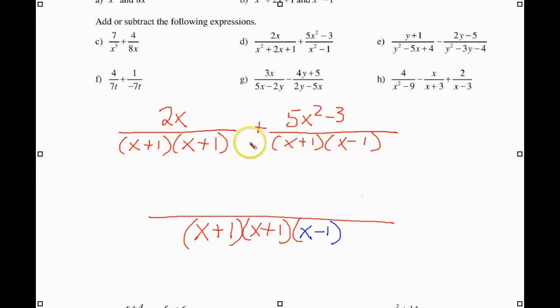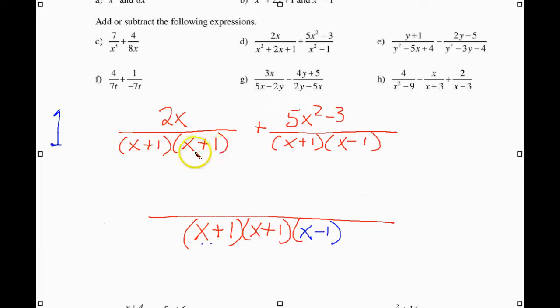So we figured out that this was used twice in any common factorization, so we needed two of those. Here it's only used once, so we used it twice. This one's used once, so we needed that. So this is our common denominator. Now, what do we need to modify? We're going to modify this fraction by multiplying it by 1 in the form of something that will make it this denominator.